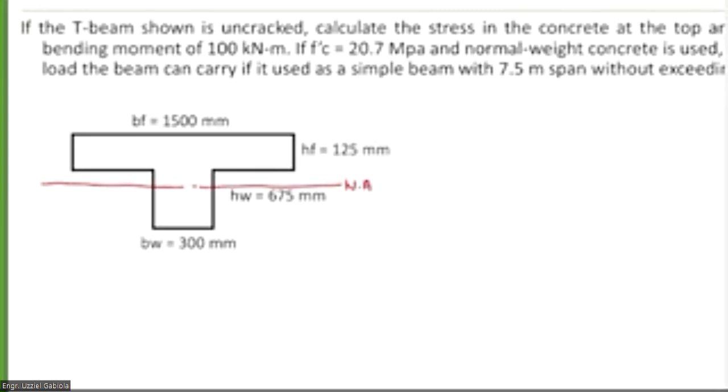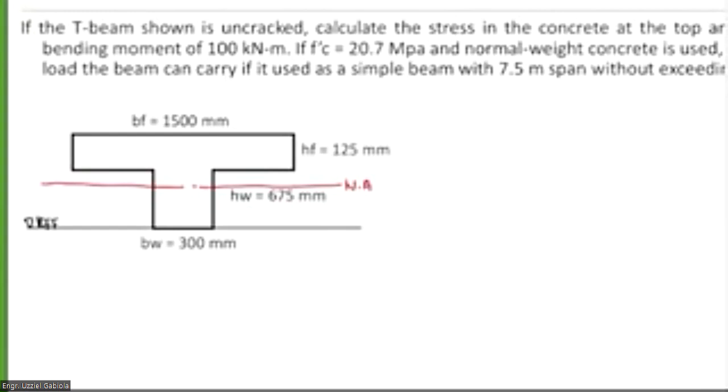To get the value of its distance, we need to subdivide the shape into regular shapes, take the moment area of each shape, and then get the distance of the whole component from a reference axis. Let us assume that the bottom fiber, or this location, is our reference axis.